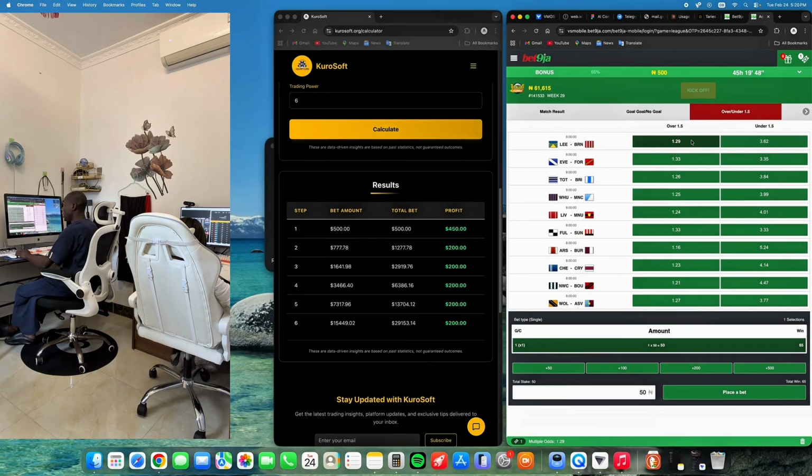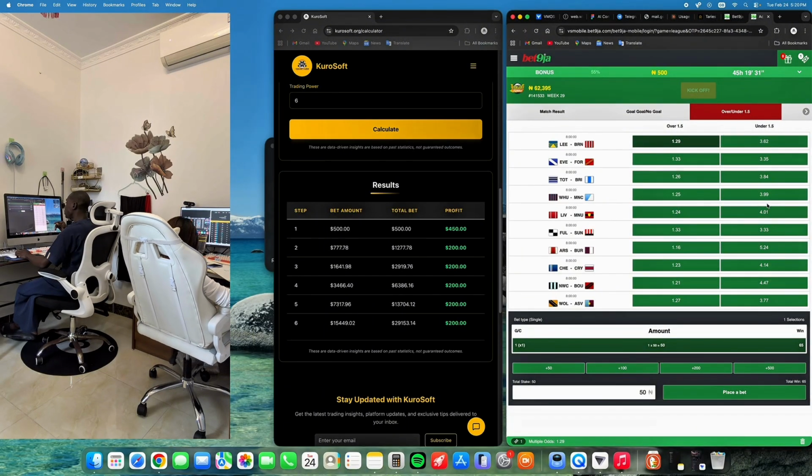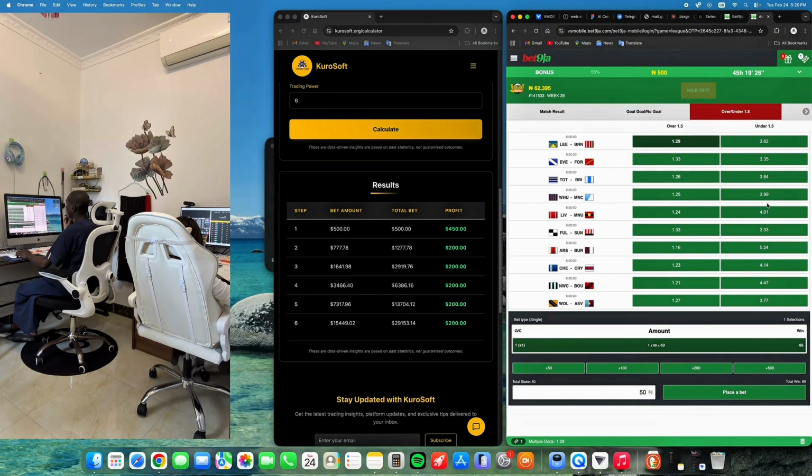You remember in the previous video I explained that if we go by the principle of odd, the market, you can see all the odds are very high. So none of them is likely to make a win. But the particular one that has the higher chances of making a win based on the odds here is this one.